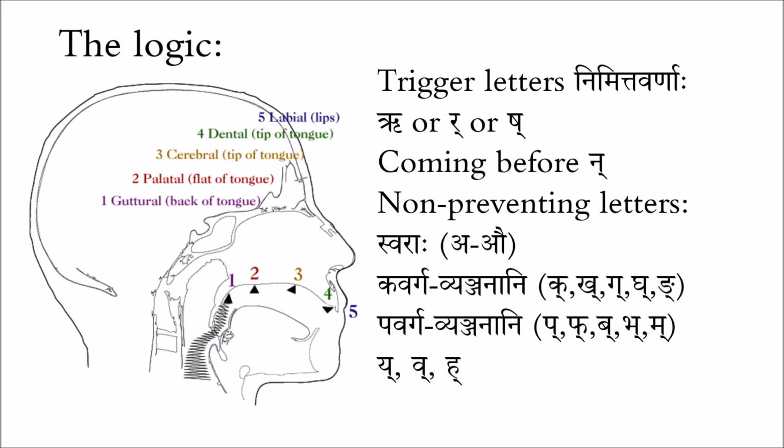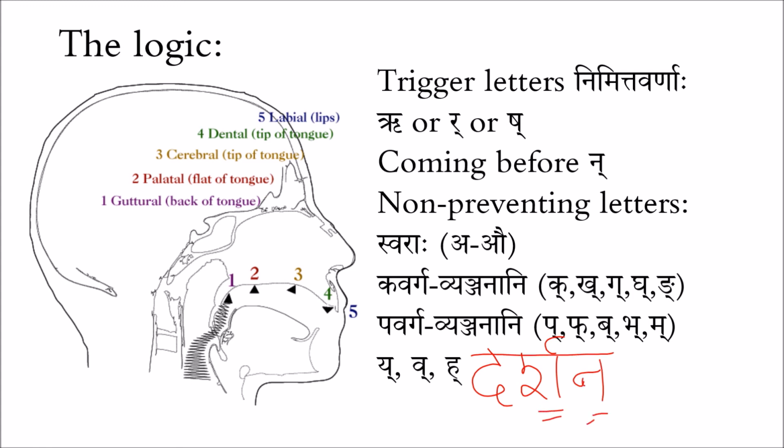So if you consider the other example where na is being prevented from changing to ṇa, take the example of darshana. What is the order of the letters here?